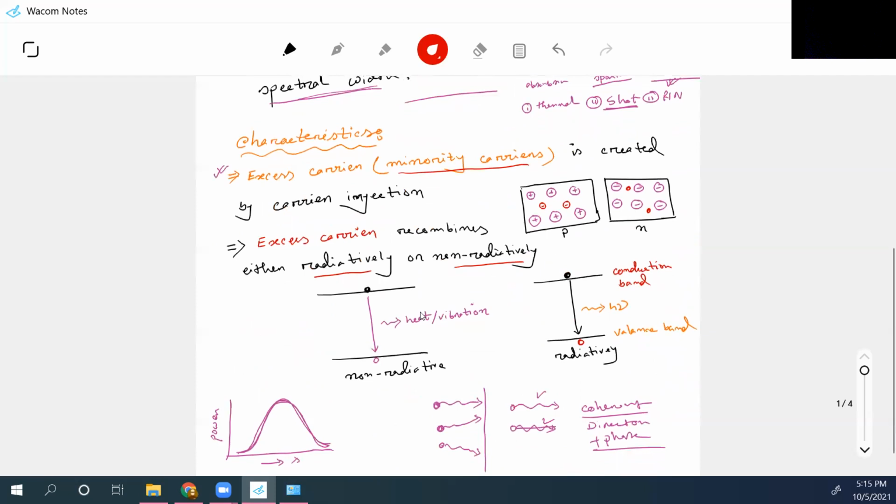Okay, when we call it radiative recombination, for example, if an electron falls from its conduction band to the valence band, non-radiatively, okay, let's discuss radiatively.